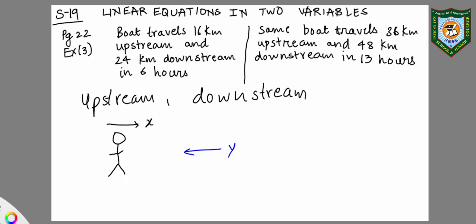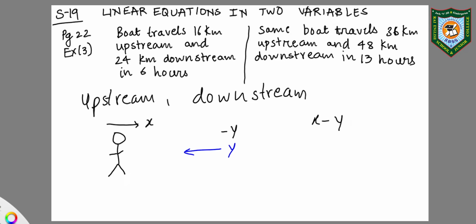That means the y direction is opposing me. So this related to my speed becomes minus y. So when these two add up, my speed becomes x minus y, or if you want to say this in simpler terms, my speed starts to reduce once I move against the wind.